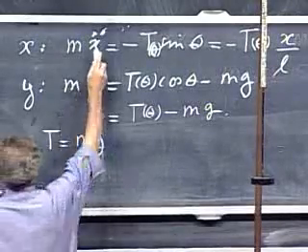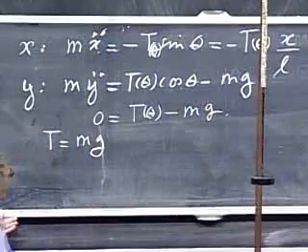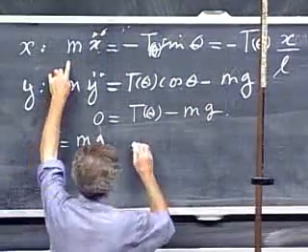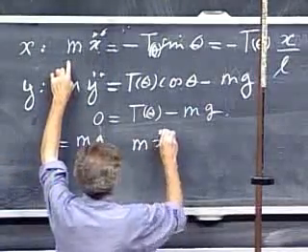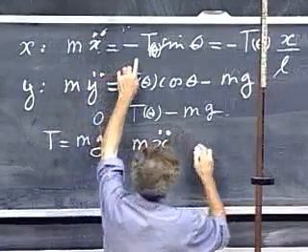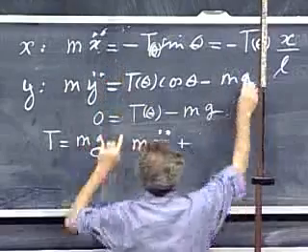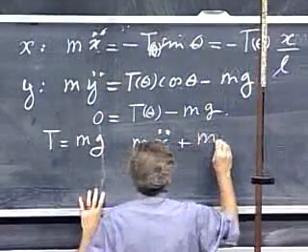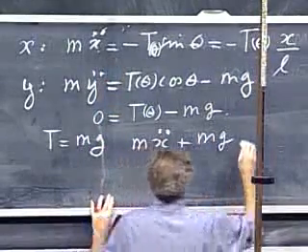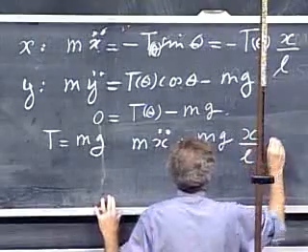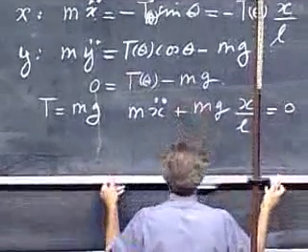I substitute this back in my equation number 1. And so now I get that m times x double dot, and I'll bring this on the other side, plus T, which is now mg, mg times x divided by L equals 0.